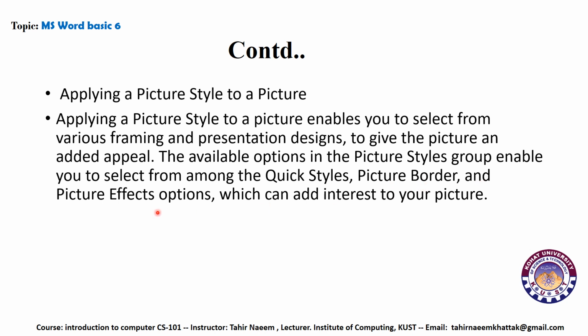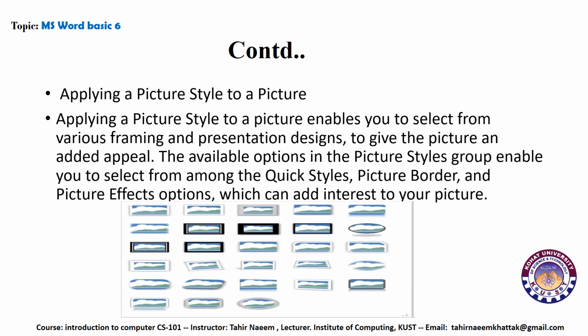Or we can add different picture effect options, so that our picture looks more cheerful. So here are the different picture styles. If we select this, our picture will appear in this format, or if we select this style, our picture will appear like this.